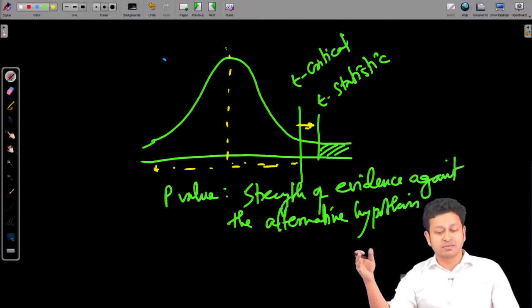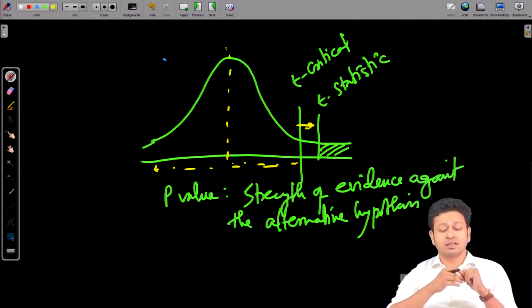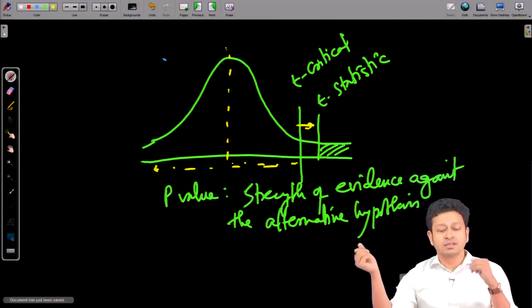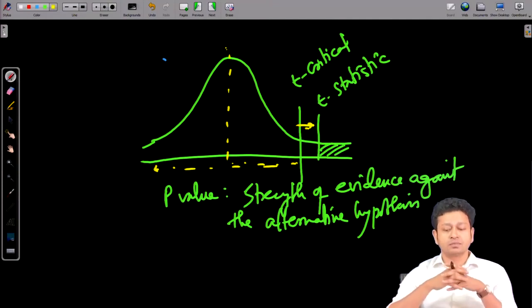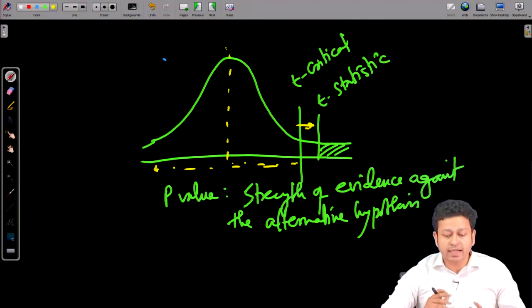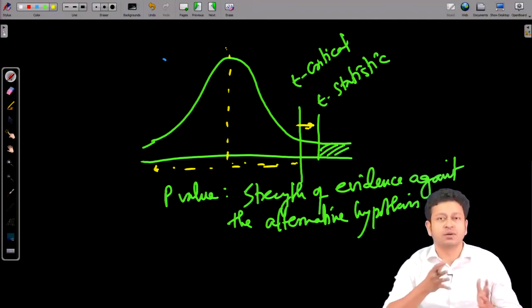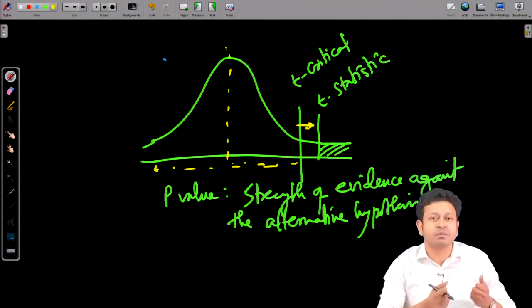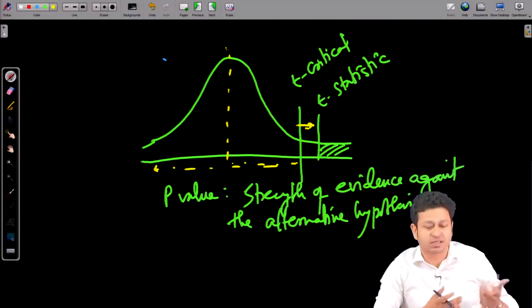The moment your evidence falls beyond that, you cannot say it is close to the null hypothesis. Your alternative hypothesis is far, far away, so you are bound to reject the null hypothesis. These are different ways of getting a feel for what the p-value talks about.